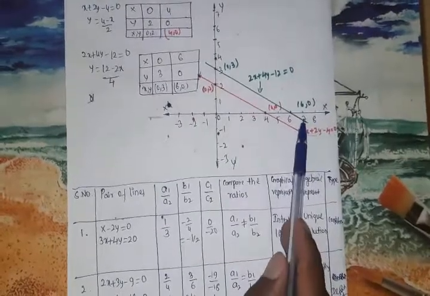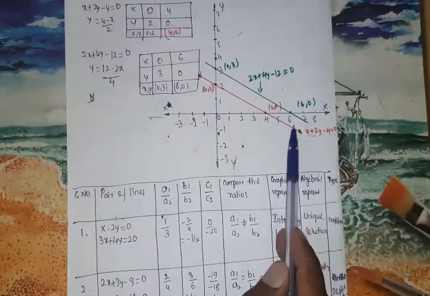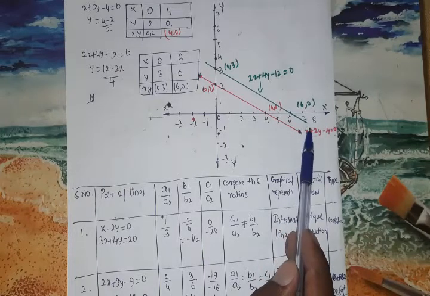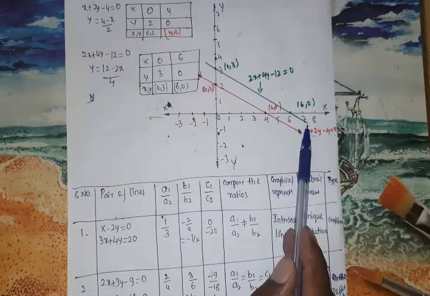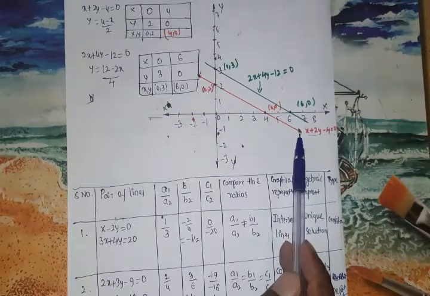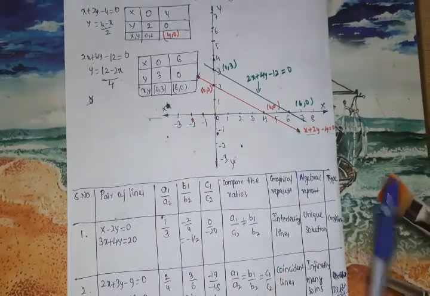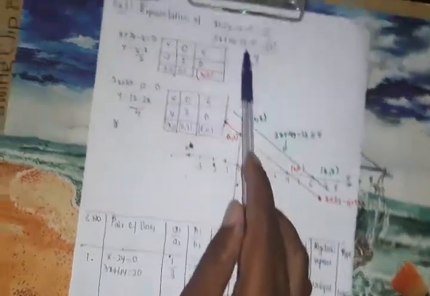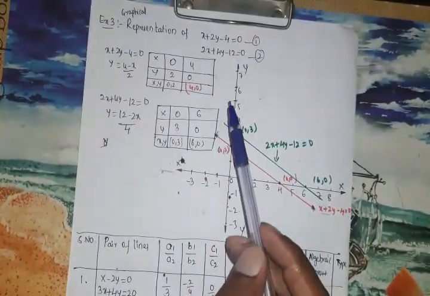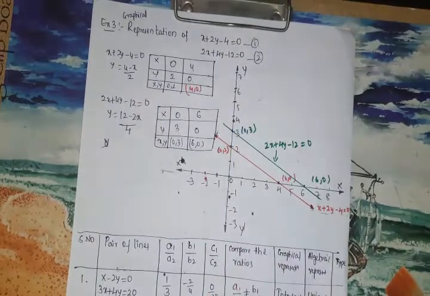Hence these two lines do not intersect. For that reason it has no solution. There is no solution, and this is called an inconsistent pair of linear equations. These types of equations we call an inconsistent pair of linear equations.